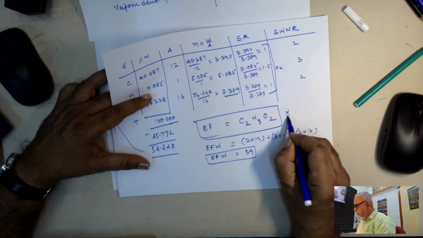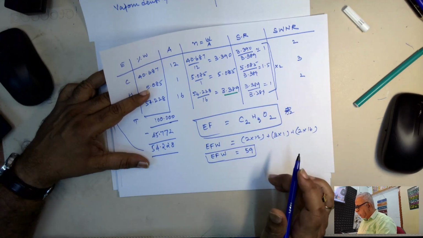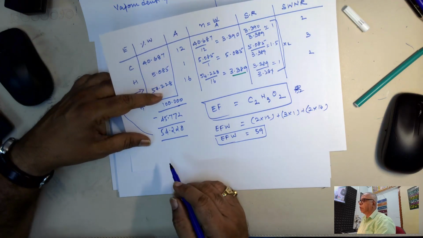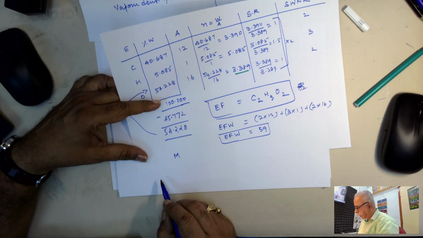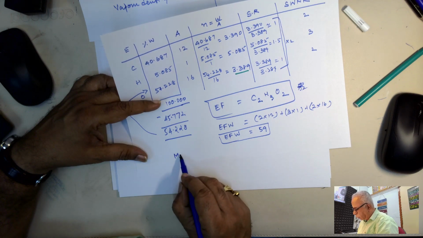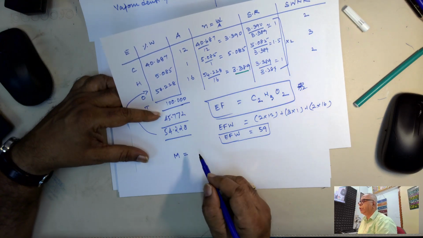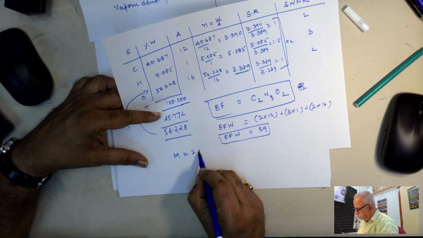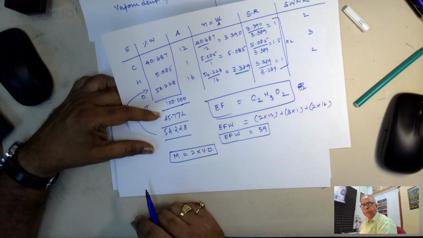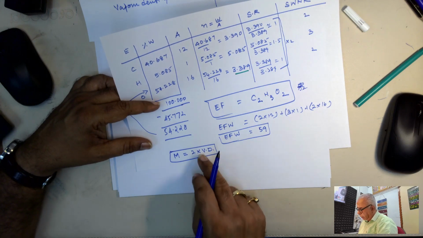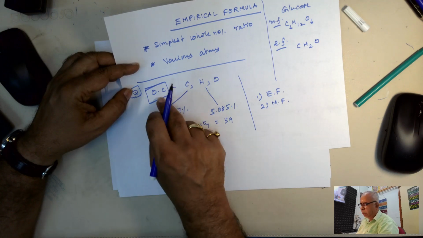Now we have one important relation: molar mass, represented as M, or you can call it molar weight or molecular weight, is equal to 2 into vapor density. This is a very important formula. From this, we can find out the molecular mass of the given organic compound.